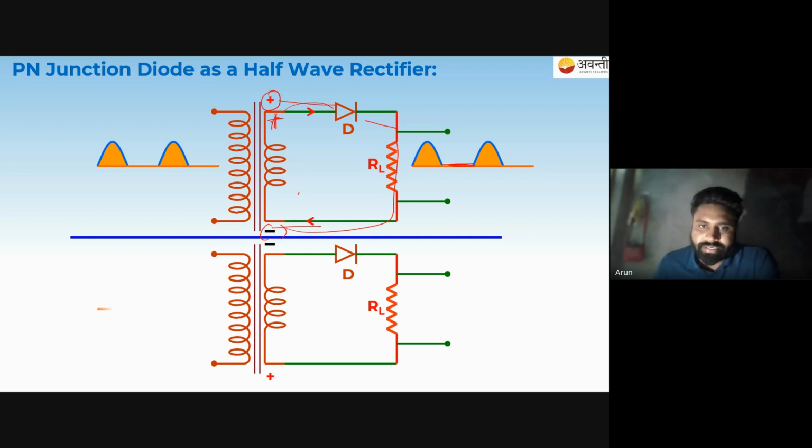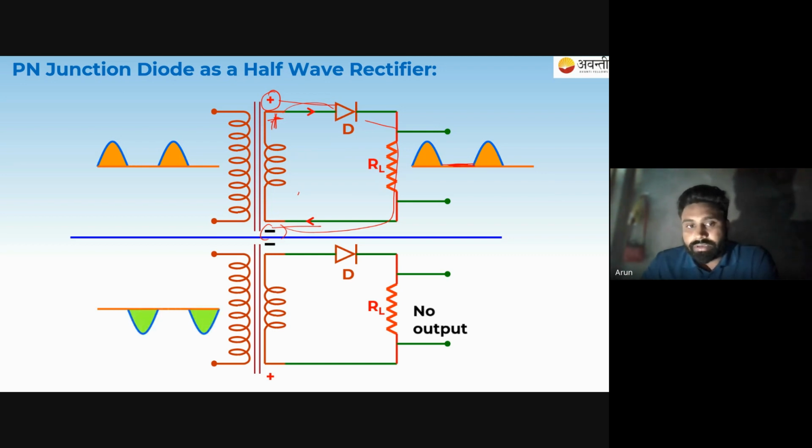For the negative side, you will have no output, because now this is the complete cycle. This green dot, I have shown here separately. This is for the positive cycle. So for the forward biasing condition, this diode is allowing all the current which is in forward bias. But for the reverse biasing condition, when the polarity has been changed, this positive side of the diode is connected to the negative side of the source.